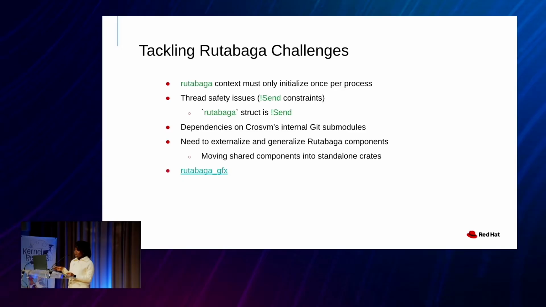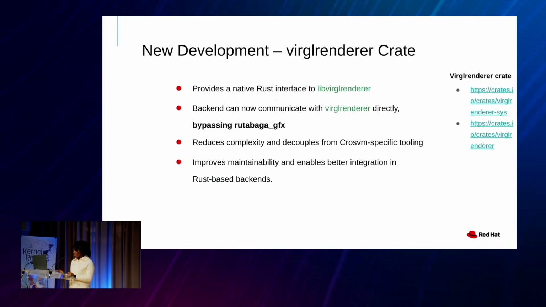So rather than extending rutabaga further, we decided to experiment with a more direct integration path using Rust. And this brings us to one of our recent developments. One of the changes I made was building a Rust wrapper that wraps libvirglrenderer directly.